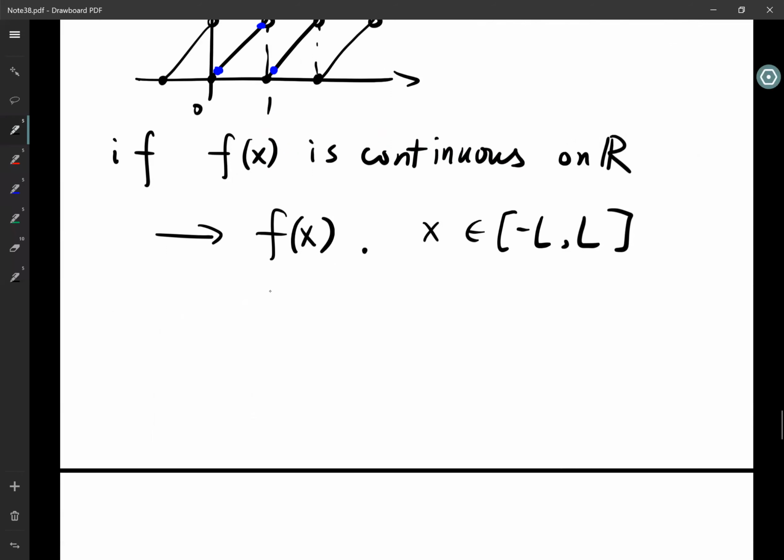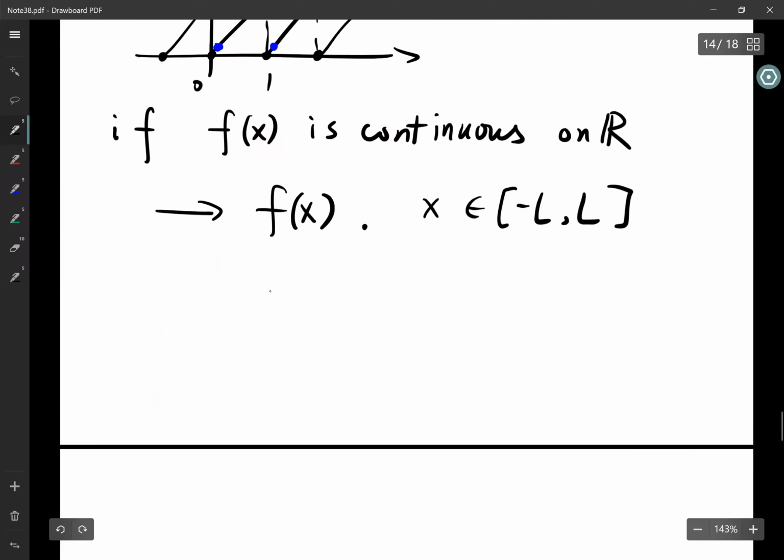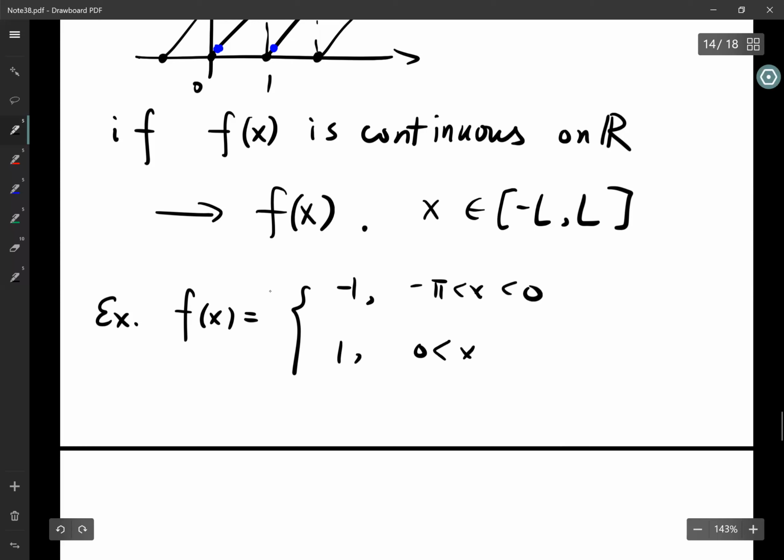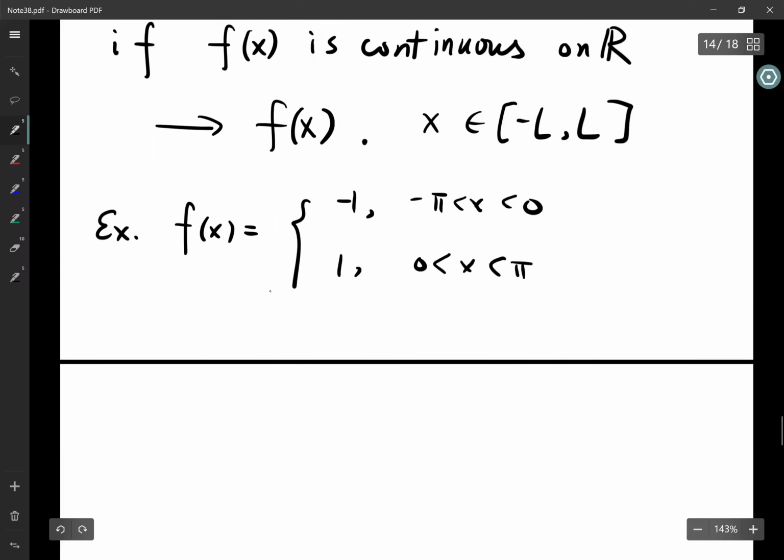So finally, let me give you one example to do the calculation. This is f(x) for this step function, 1 from 0 to pi. For this step function, I want to compute the Fourier series. First of all, this is an odd function, and therefore a_n is 0.